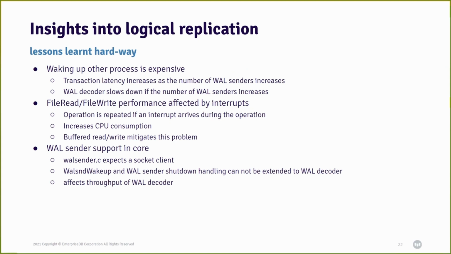So in order to mitigate this, we introduce buffered reads and writes, where the WAL decoder accumulates LCRs before writing them to the disk, and WAL sender also reads a bunch of LCRs, at least one transaction worth of LCRs, at a time from the disk.